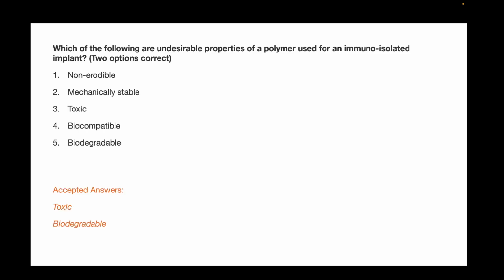So the main goal of the polymers used for the immunoisolated implant is for the implant to be stable enough and non-degradable for long term. So the cells caged in this stable polymer will be retained inside and will continue to release proteins and exchange nutrients and molecules, rather than if they get degraded, then these encapsulated cells will get exposed to the host tissue and can elicit unwanted immune reactions.